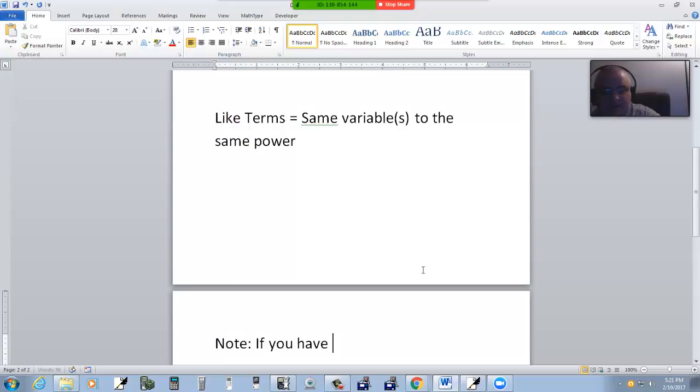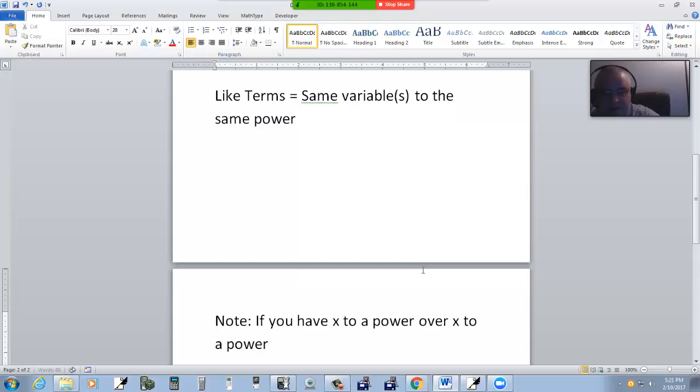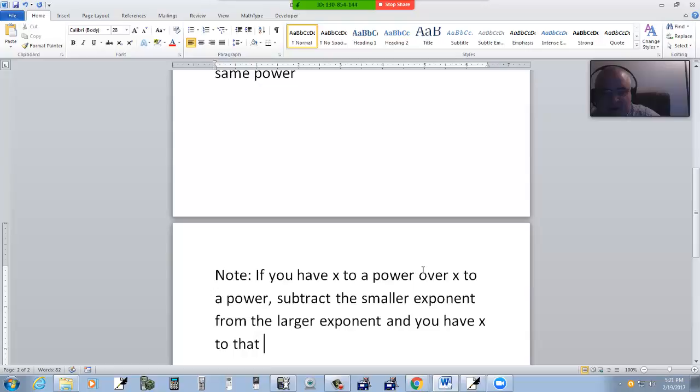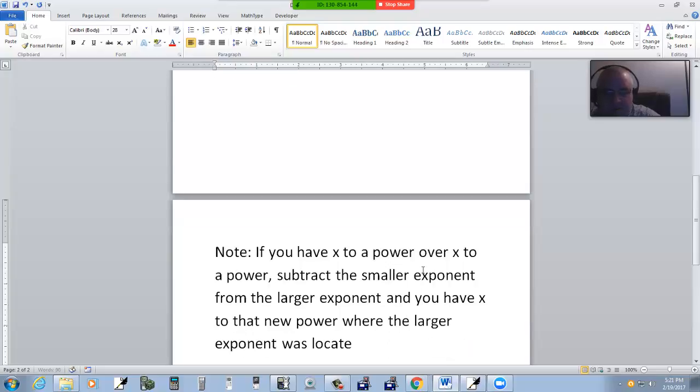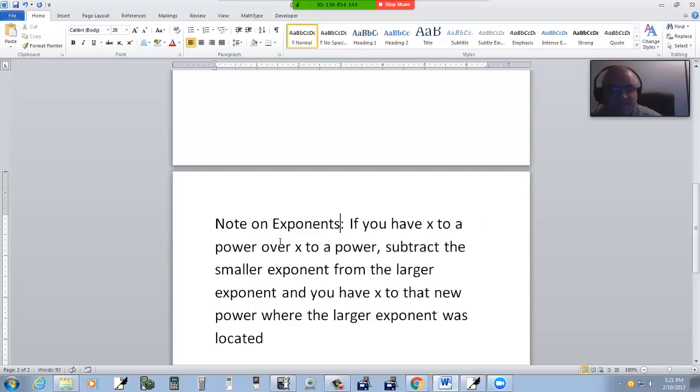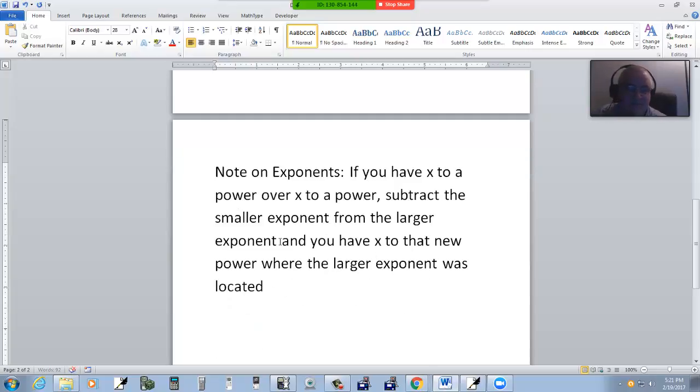Note, if you have x to a power over x to a power, subtract the smaller exponent from the larger exponent, and you have x to that new power where the larger exponent was located. Okay. Note on exponents.